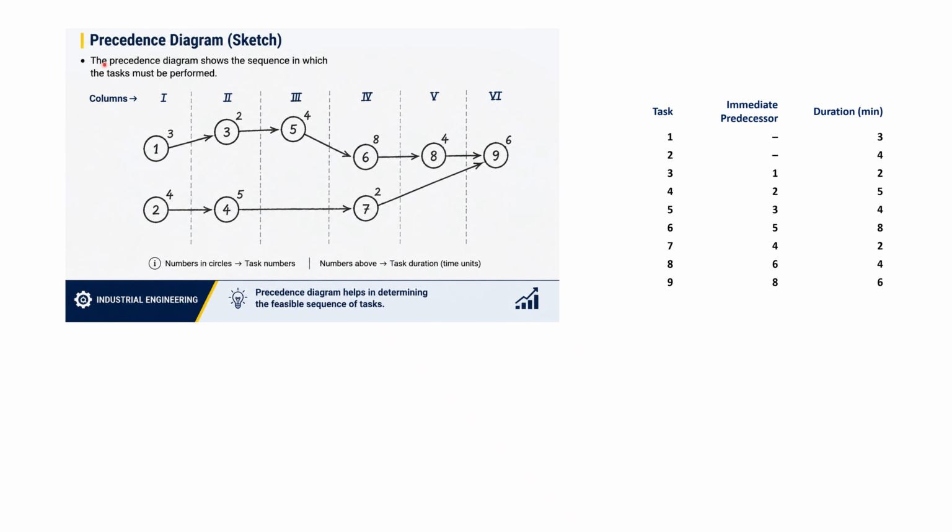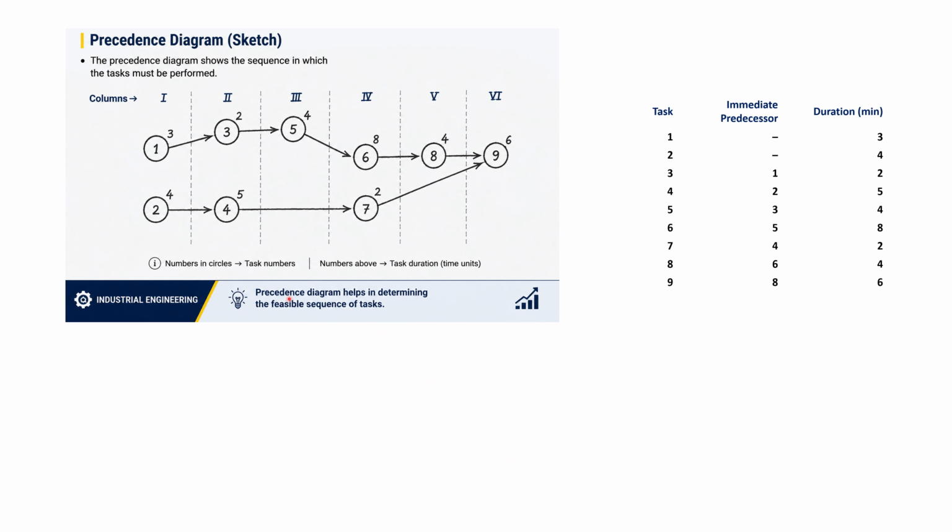The precedence diagram shows the sequence in which the tasks must be performed. The numbers in circles are the task numbers. Numbers above them are task durations in time units. Here it is in minutes.